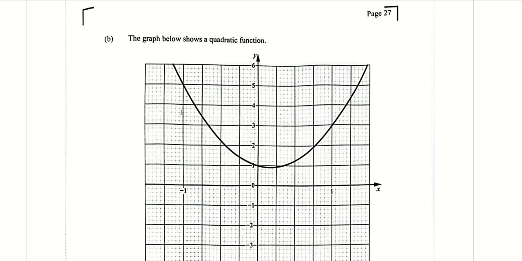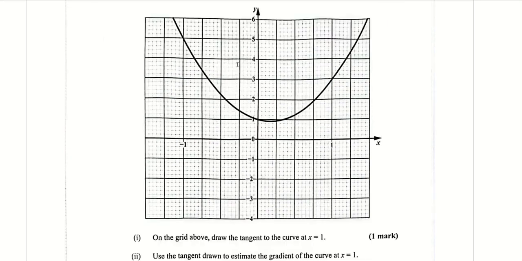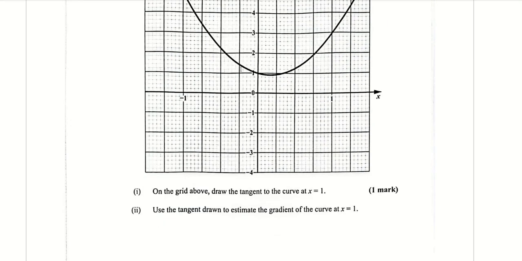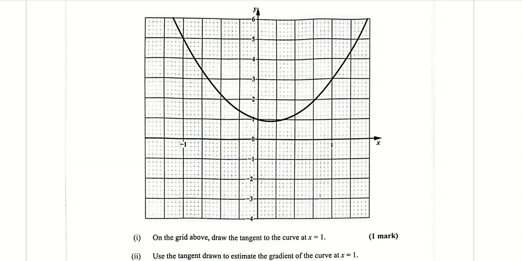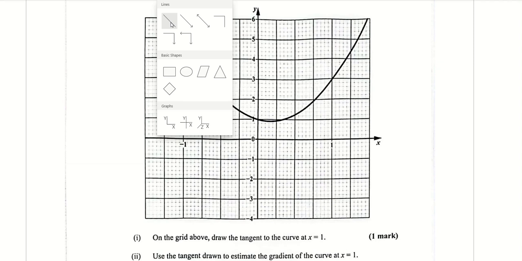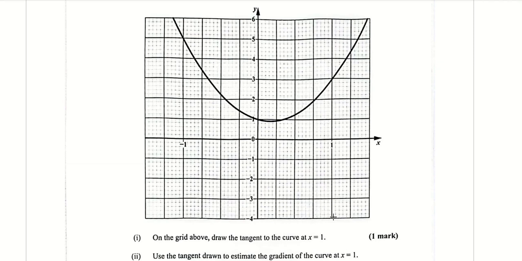Alright, let's look at part B. The graph below shows a quadratic function. On the grid above, draw a tangent to the curve where x is equal to 1. x is equal to 1 is this line right here.